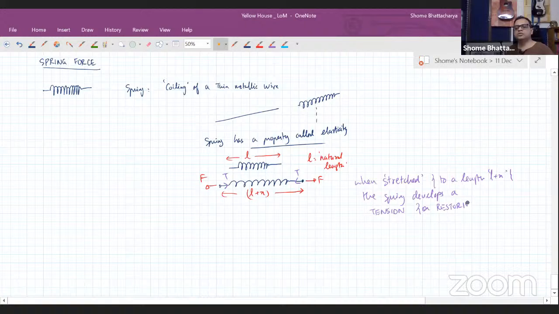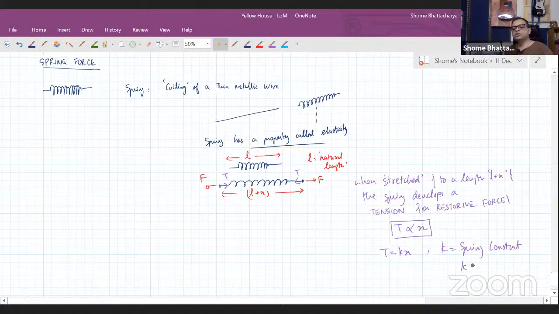It tries to restore it back to the natural shape. So that tension is actually directly proportional to X. In fact, that tension is equal to Kx, where the quantity K is called the spring constant.